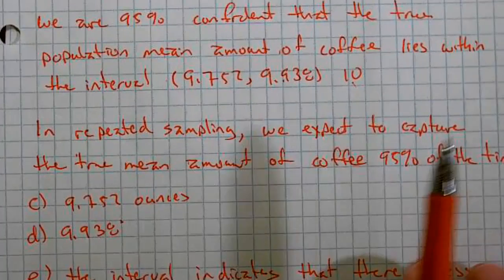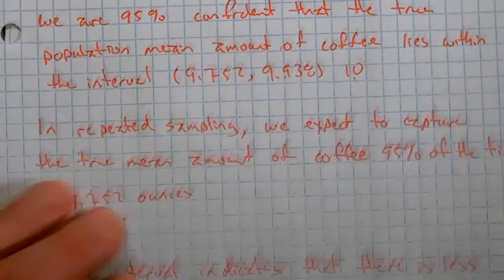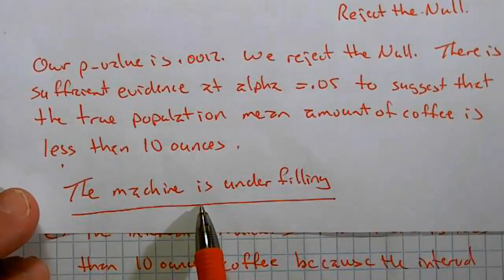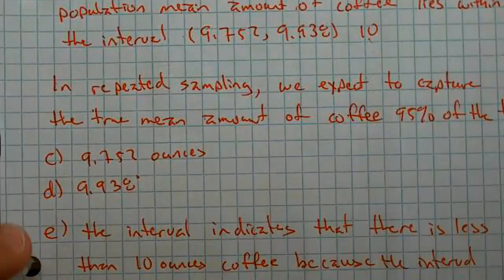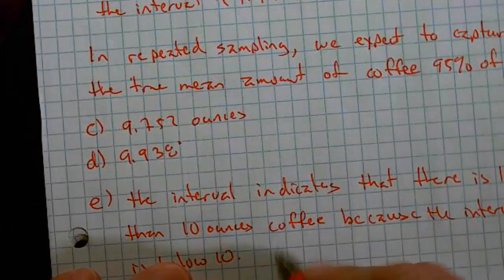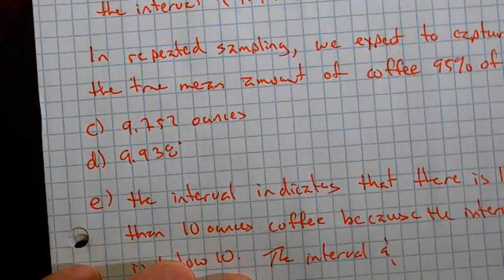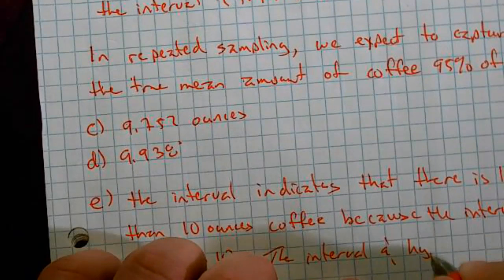Well, is that consistent with the hypothesis test? What did we say on the hypothesis test? We said the machine is underfilling. So guess what?